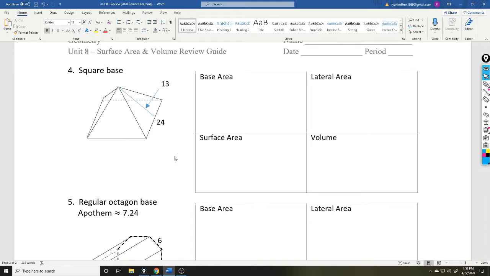Square base. So I'm not going to go through the area. You should know which height this is, though. This is my slant height, because it's scaling up the side of the pyramid. This is a square pyramid.